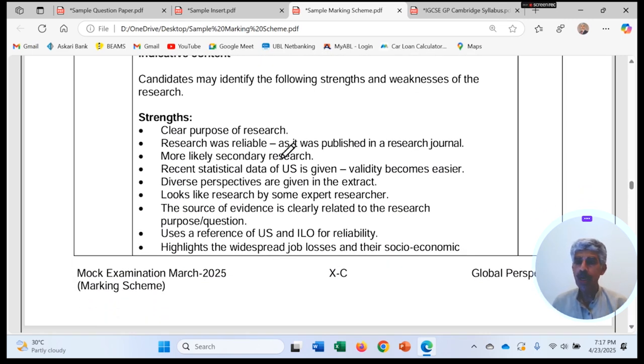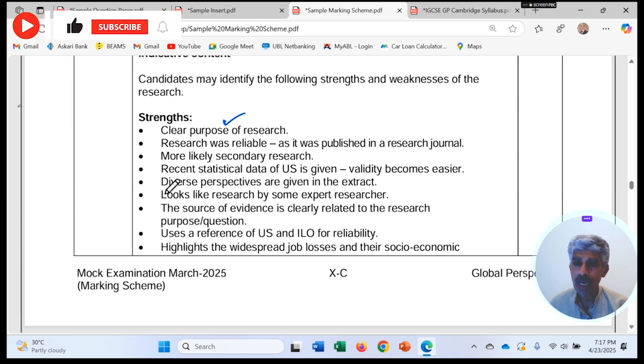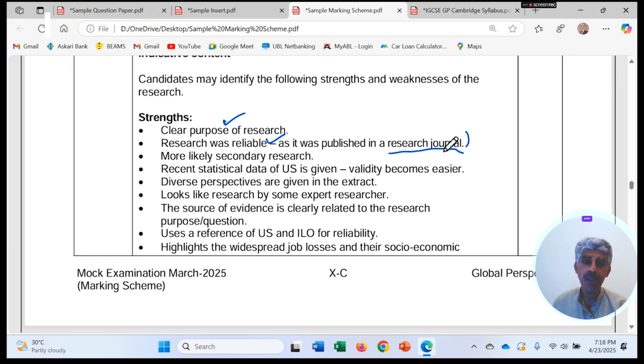What is the clear purpose of the research? Whether the research outlined in that extract is really very focused. I mean, the person who has given that extract, was the research really clear, and was the research reliable as it was published in a research journal in some article.